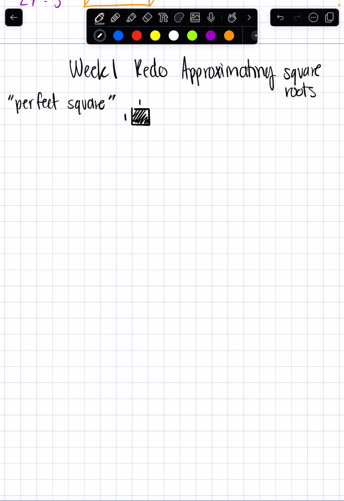So 1 squared, or 1, because that's the answer to 1 squared, is a perfect square. Or for instance, 2 squared gives you 4, meaning that 4 is a perfect square because it makes a perfect square on my graph paper here, okay?